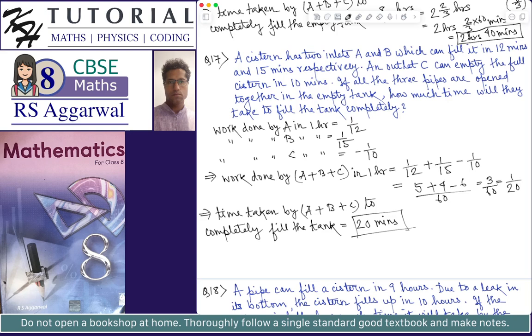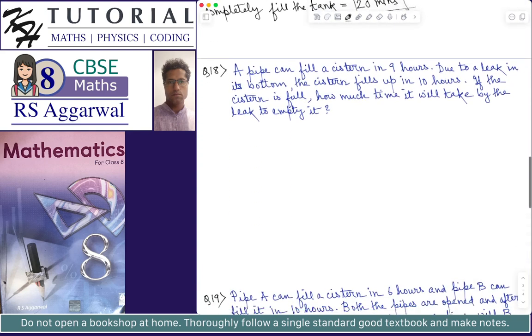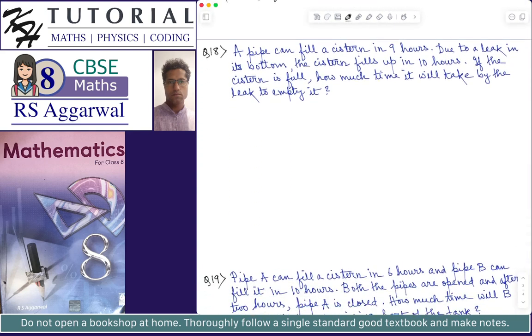Okay. Let's do problem number 18. A pipe can fill a cistern in 9 hours. So the pipe is an inlet. Due to a leak in its bottom, the cistern fills up in 10 hours.